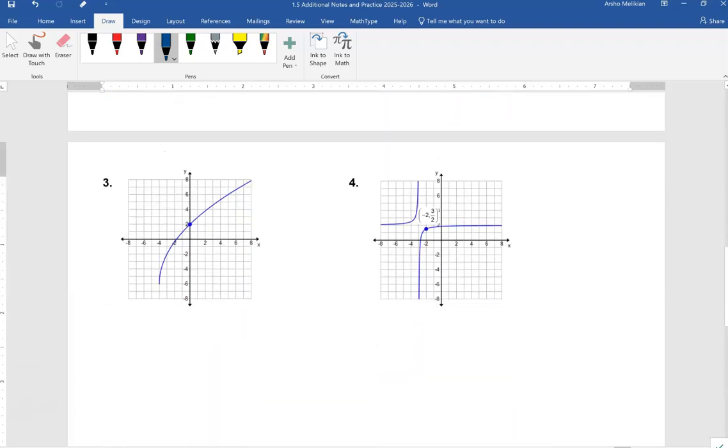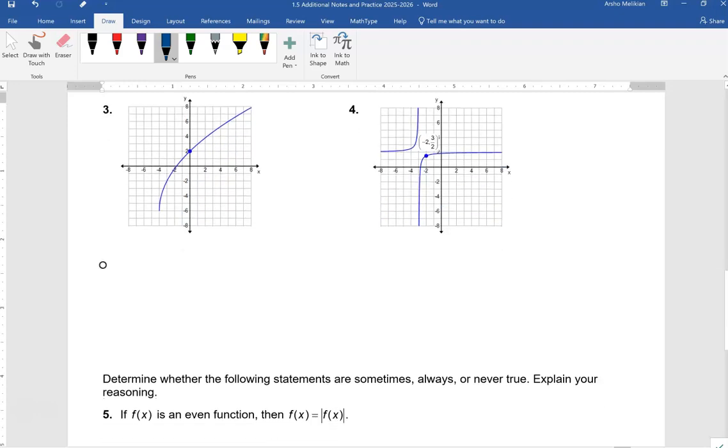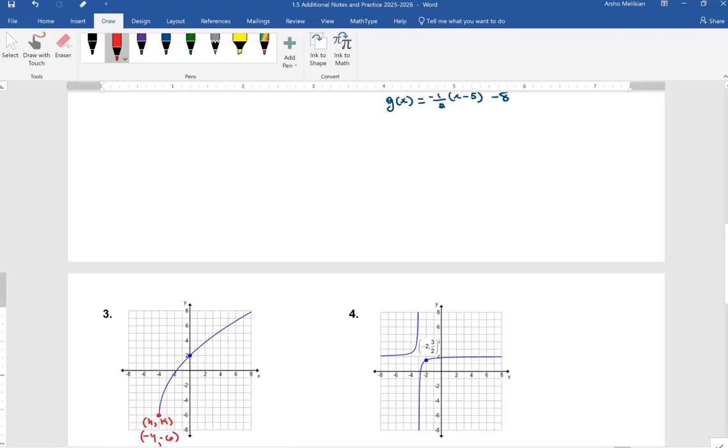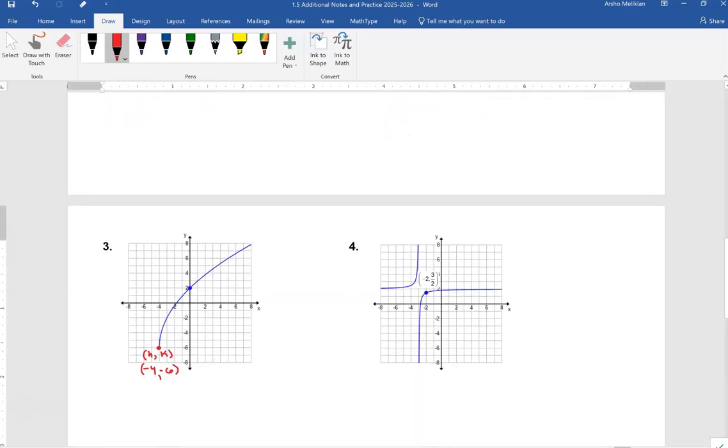So what kind of function is this? Square root. What is the h and k? That's here. That's negative 4 and negative 6. Negative a half. So you decide h and k.